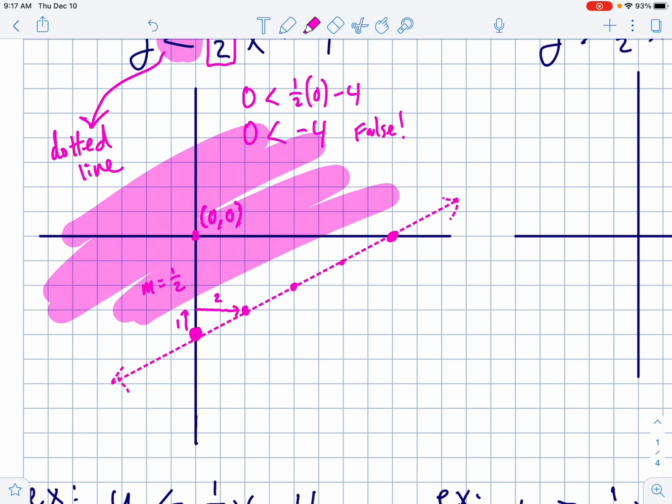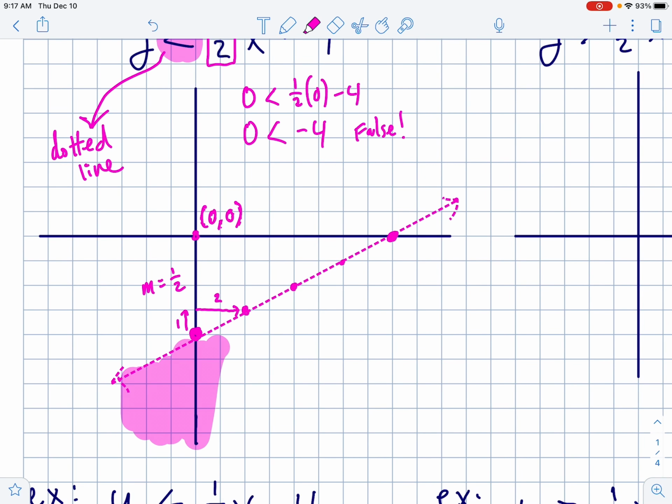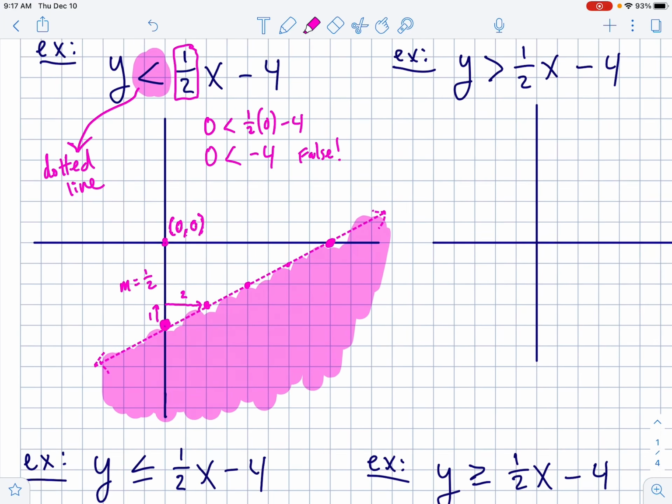where that point lives. So 0, 0 lives on this side, so we're not going to shade that side. We're going to shade underneath the line. So that's what this graph would look like.